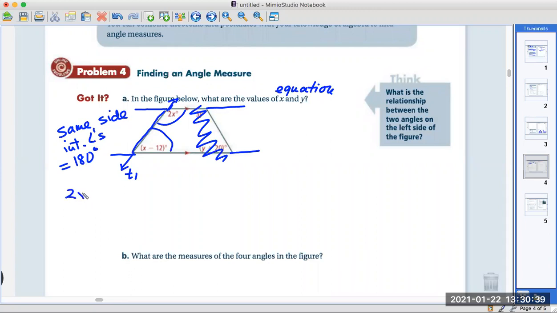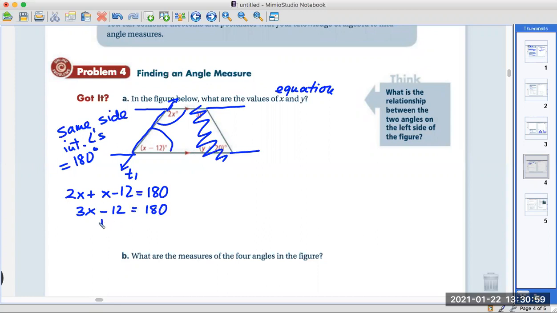So we have 2x plus the other angle. All we know it's 2x degrees, x minus 12 degrees. So you add those two expressions and the sum has to be 180. And then you combine like terms.